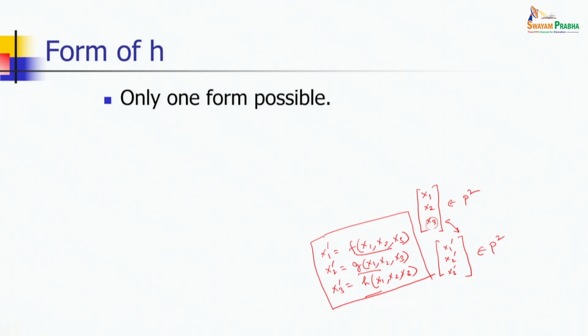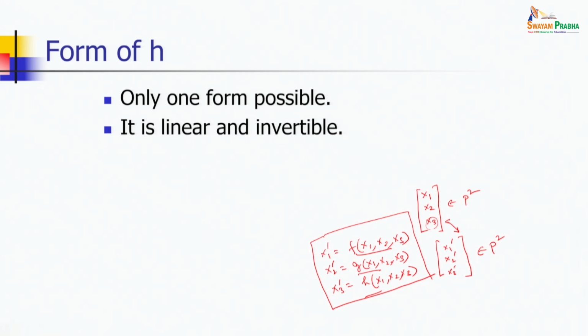Now, what is interesting is that for these functional forms there is only one kind of algebraic expression, and that is linear. It is also invertible, because the invertible property comes from the definition of projective transformation. So it has to be invertible. Linear means I can express it in terms of a matrix operation.